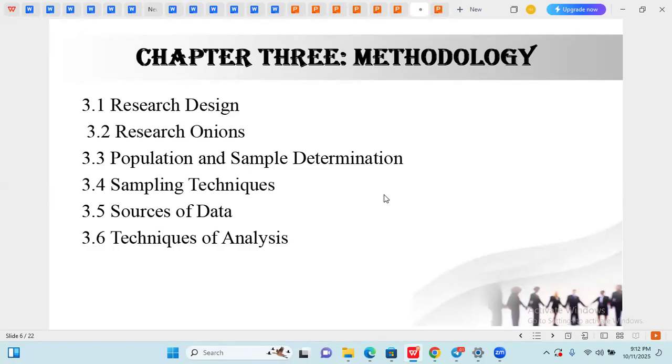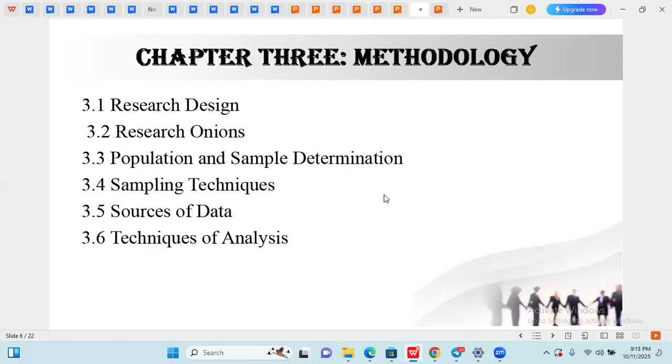Okay, so research designs, research onion, population and sample determination. This population is tied to your case study. And there's a way to determine your sample size. We have formulas.